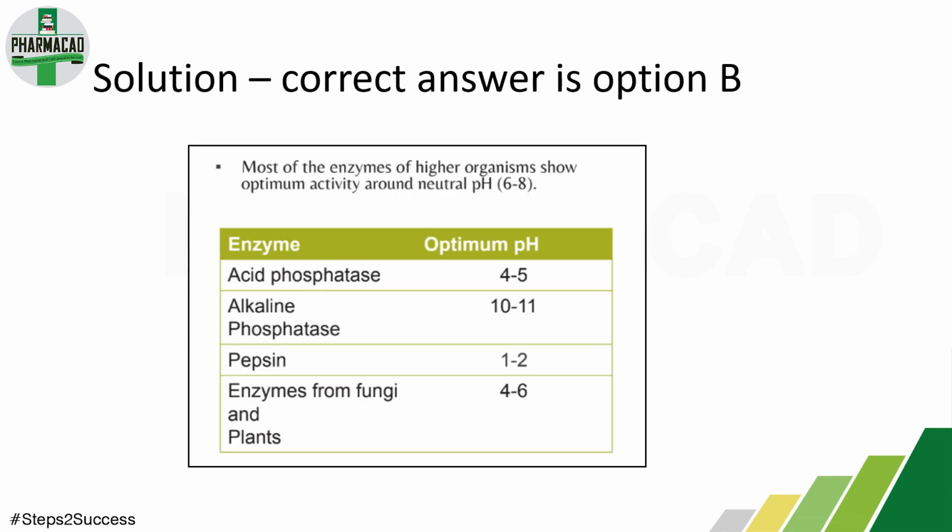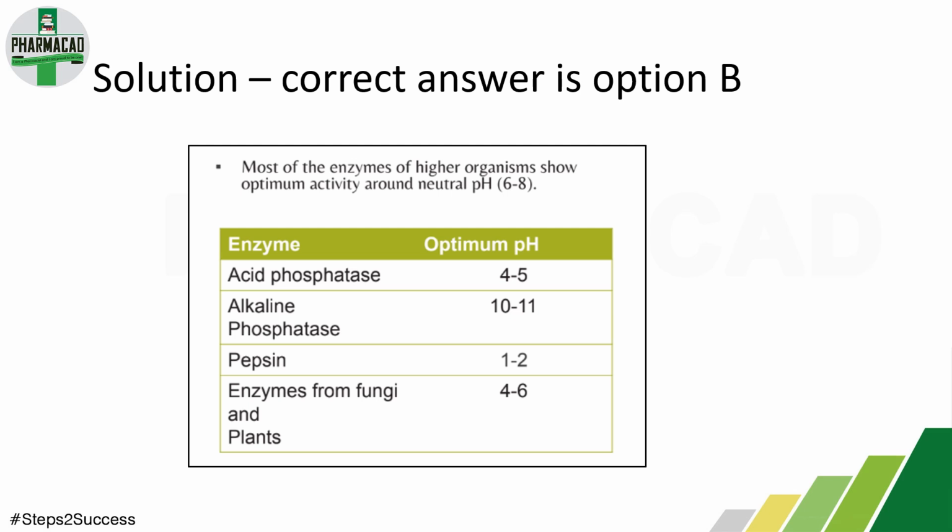All enzymes have an ideal pH value which is called the optimal pH. Under the optimal pH condition, each enzyme shows maximum activity. So every type of enzyme has its own optimum pH, and at that pH you will get the maximum action. Most of the enzymes of higher organisms show optimum activity around neutral pH, 6 to 8.